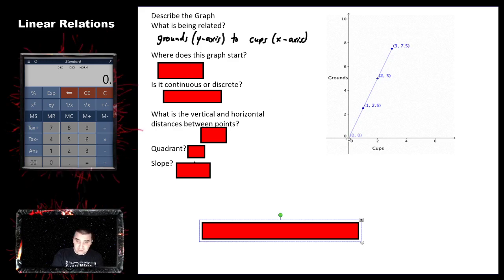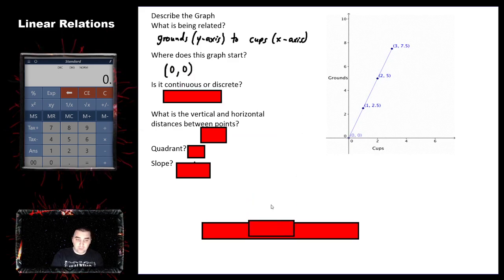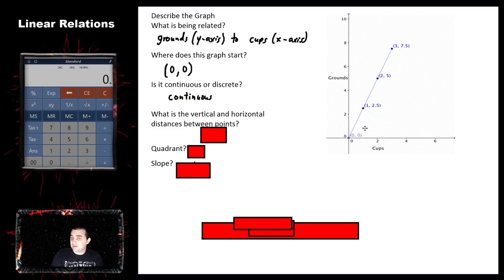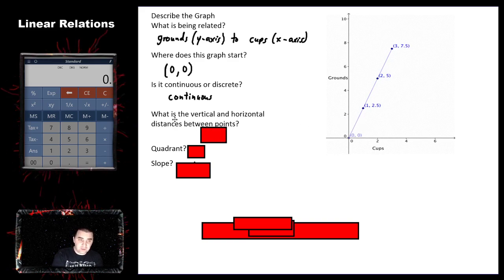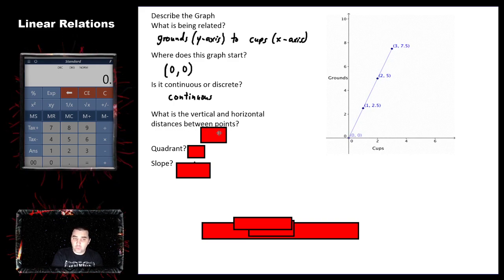Where does the graph start? It starts right here at 0, 0. Is it continuous or discrete? It looks like it's continuous. You can have numbers in between, absolutely. You could have 0.5 cups, and that's going to be whatever grounds it is. So yes, continuous.